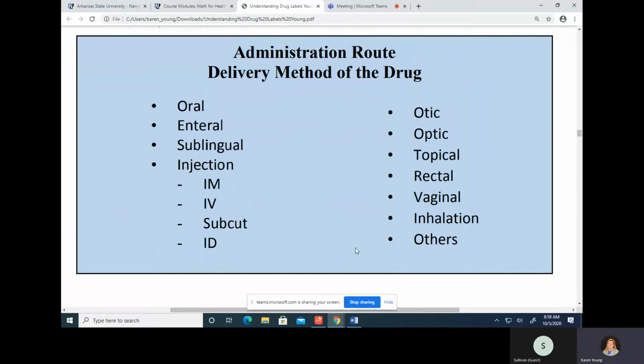Ophthalmic, which is your eyes. You have topical, which is usually creams. You have rectal, which is per rectum, and that's usually suppositories. The same thing with the vaginal. It's usually suppositories. Inhalation is inhalers generally. Sometimes they're breathing treatments. And then there's others, depending on what it is.